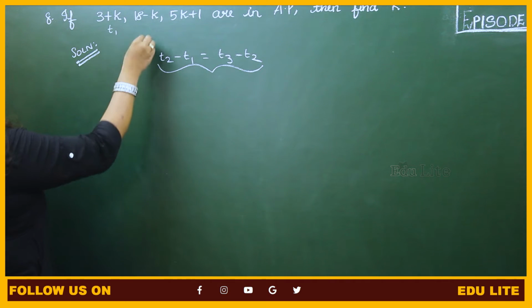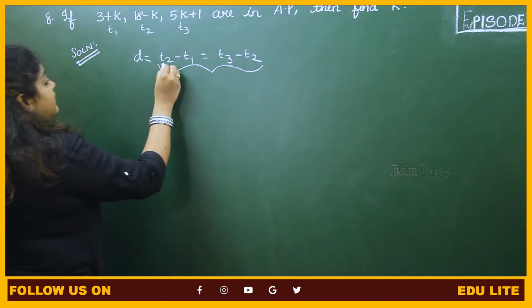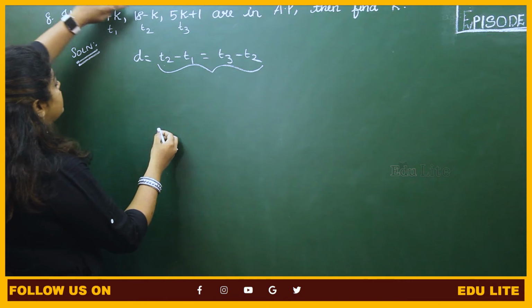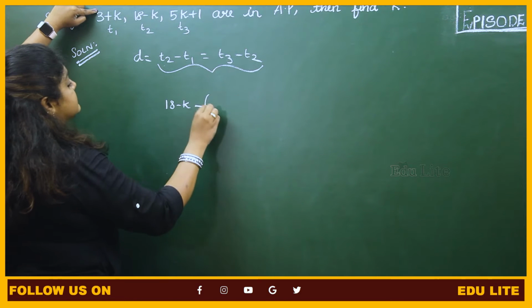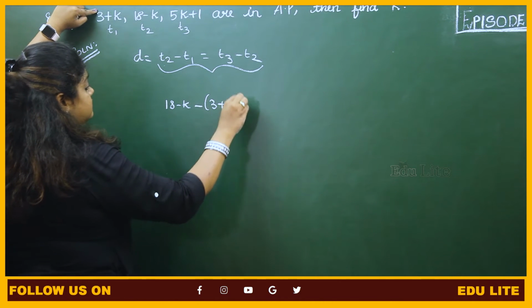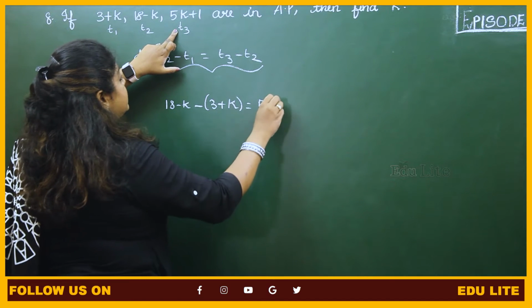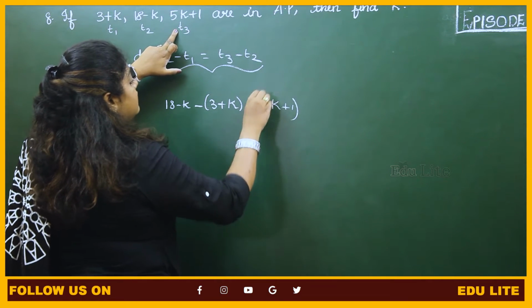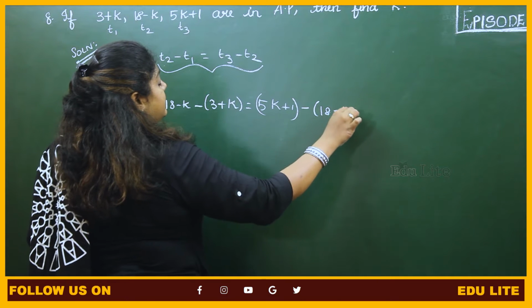We know the first term is t1, the second term is t2 and the third term is t3. If it is t2 minus t1, we have 18 minus k minus t1, which is 3 plus k, equals t3 value, which is 5k plus 1, minus t2 value, which is 18 minus k.